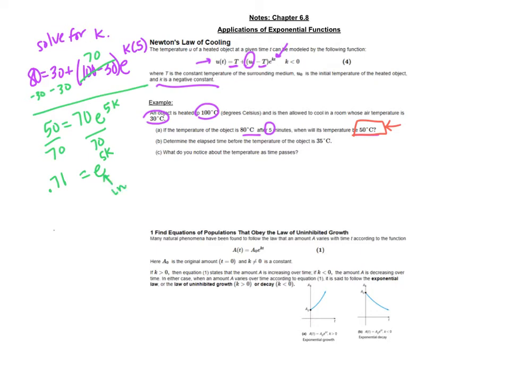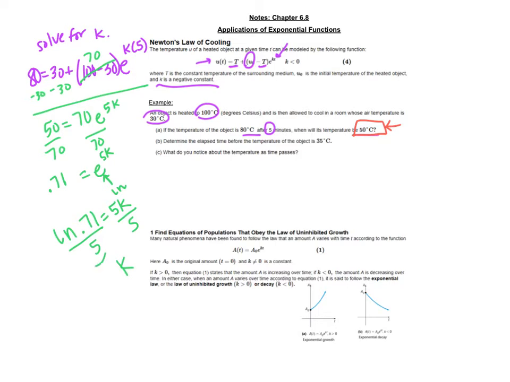So I'm going to take the natural log of 0.71 equals 5k. Okay. Then I'm going to divide that number by 5.